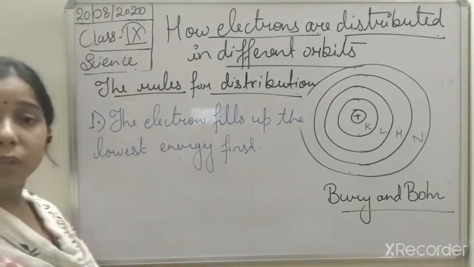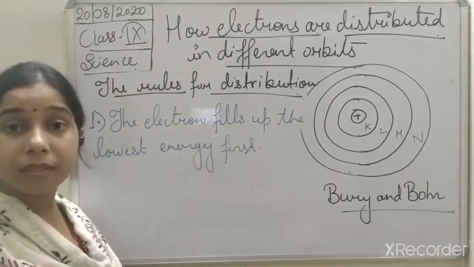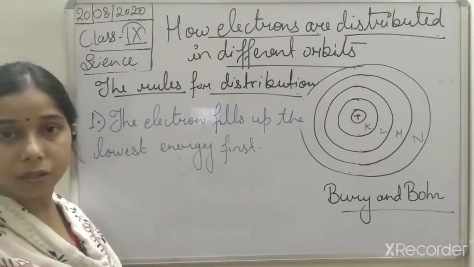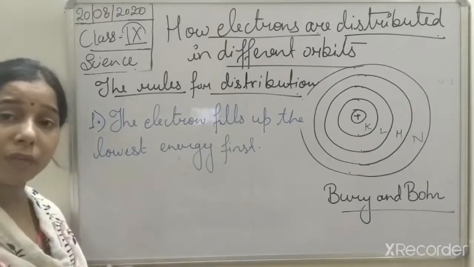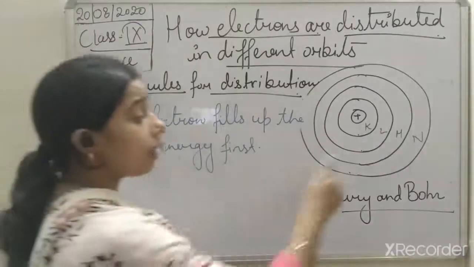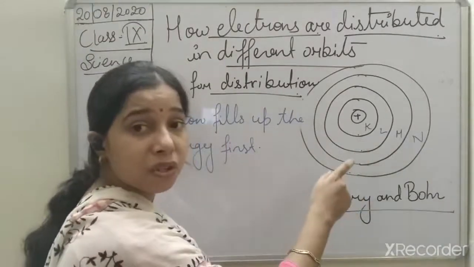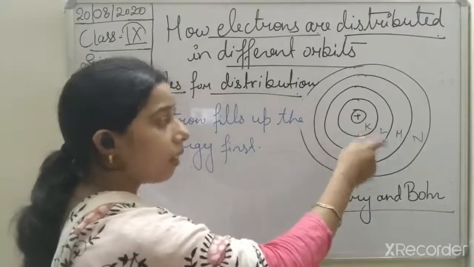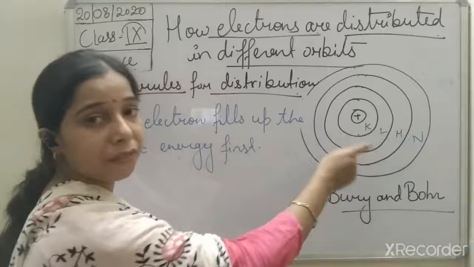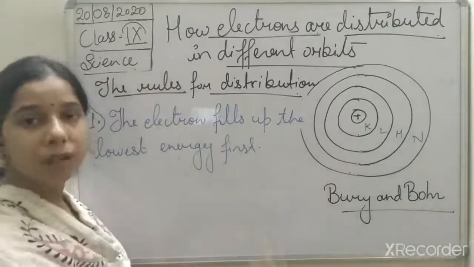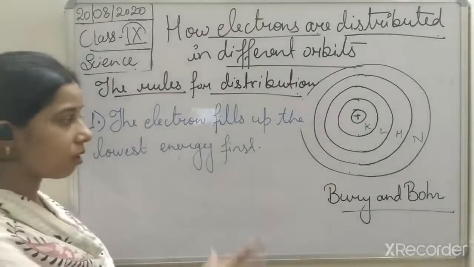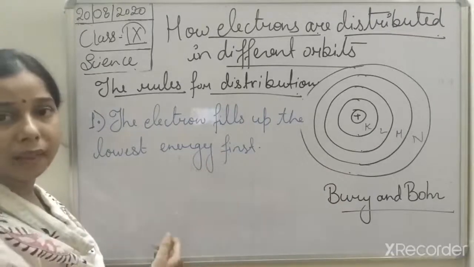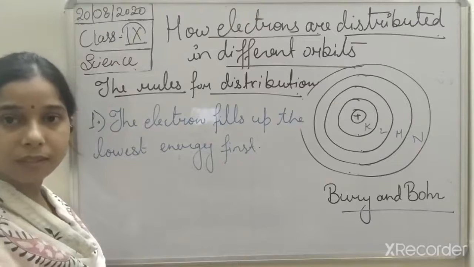Which energy level has the lowest energy, students? It is the K shell. So the filling of the electrons will start from the K shell and then move to the shells having higher energy.